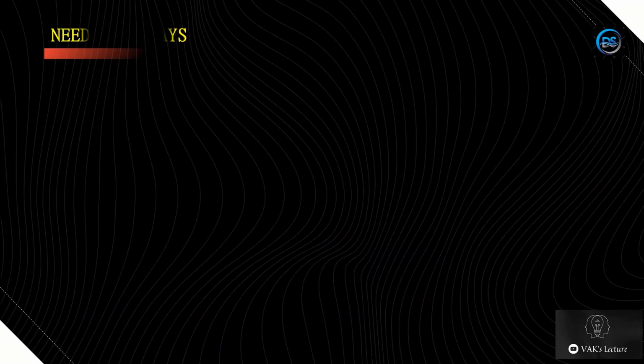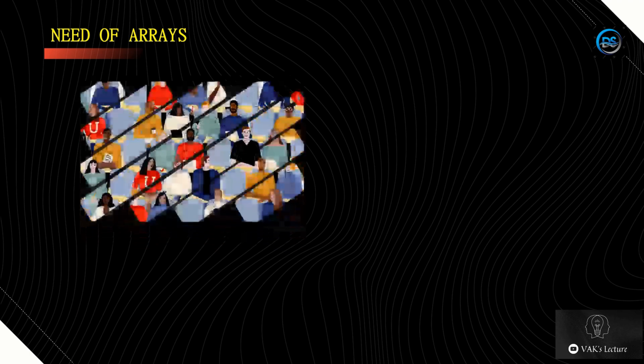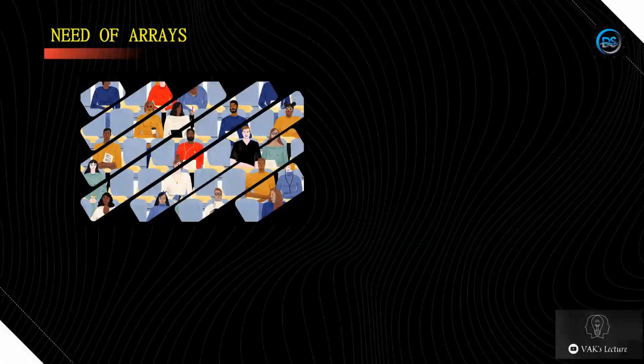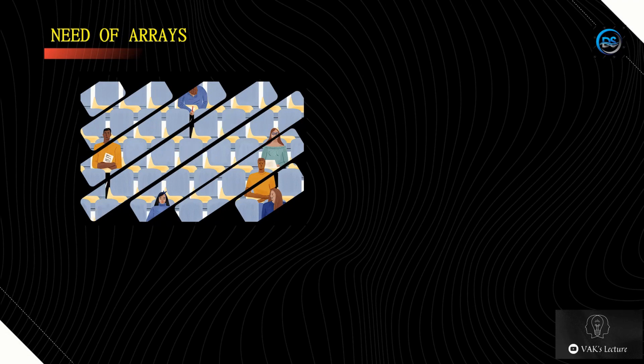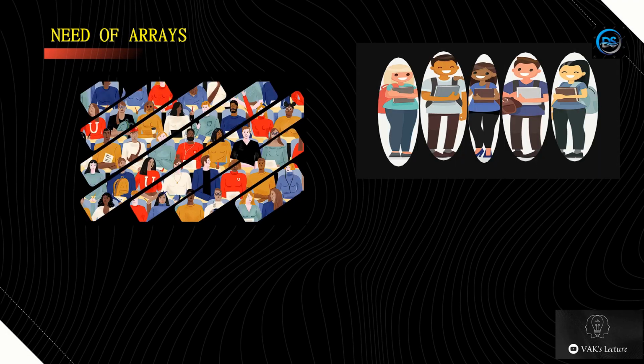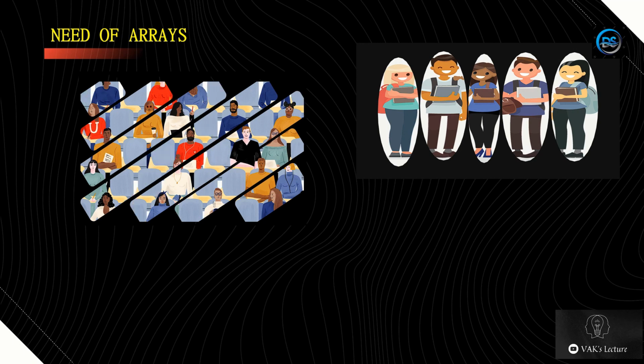Then, why do we need arrays? To understand this, let us go through a simple concept. Let us imagine that we have some data and that data is related to students. So, if we wanted to store the marks of individual students, then we had to declare a variable for each student.